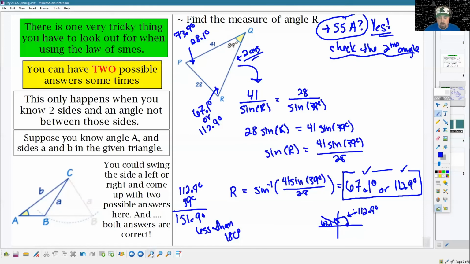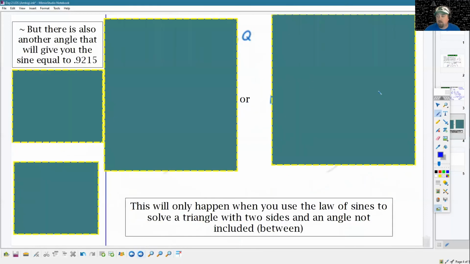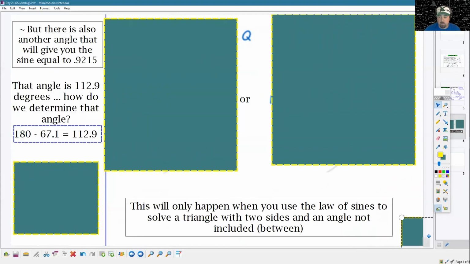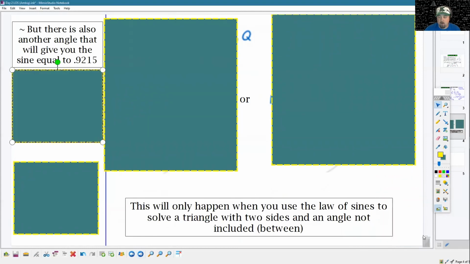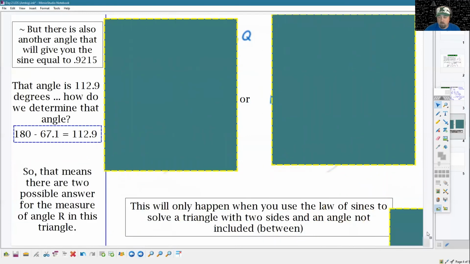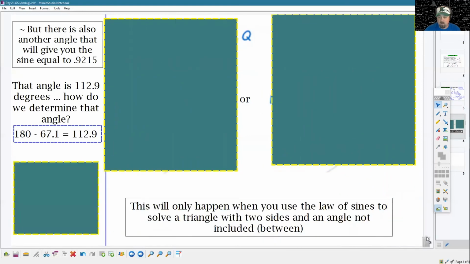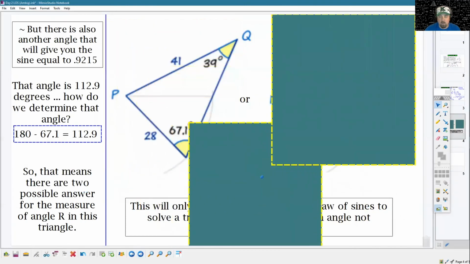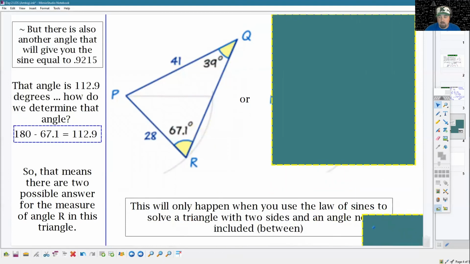So what this looks like, if we look through this, I have a little bit more layout here. We found out that we could have 67 or 112.9. So we actually get two different answers that are possible. We get a triangle that looks like this, with a 67.1 degree angle down here.